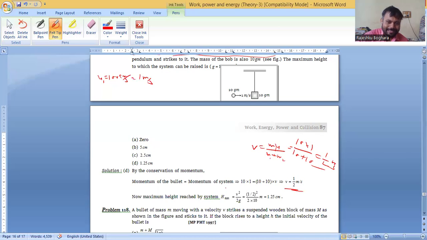The maximum height: v square minus u square equal to 2gh, so h equals v square by 2g. So (1 by 2) square by 2 into 10, so 1 by 4 by 20, 1 by 80. That means 0.0125 meter, which is 1.25 centimeter.